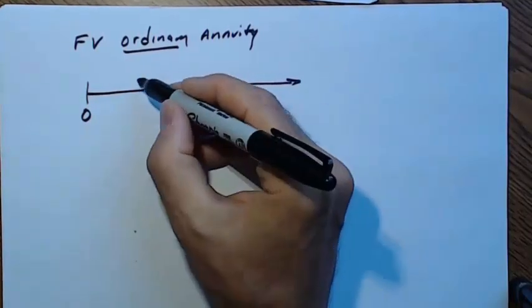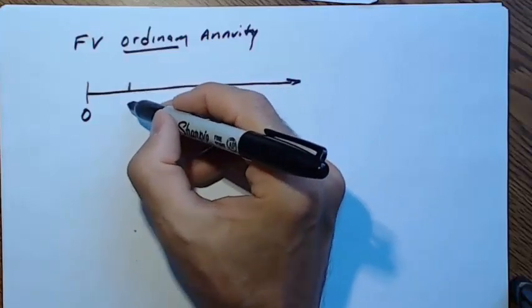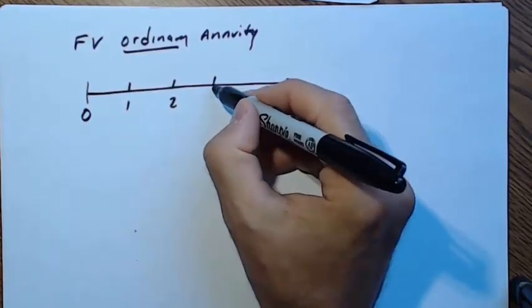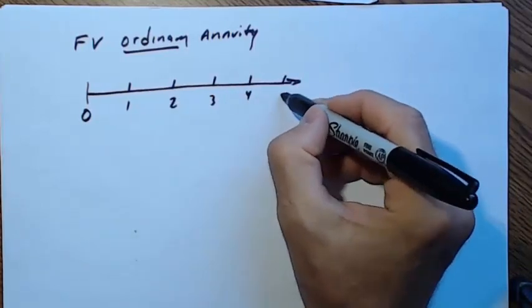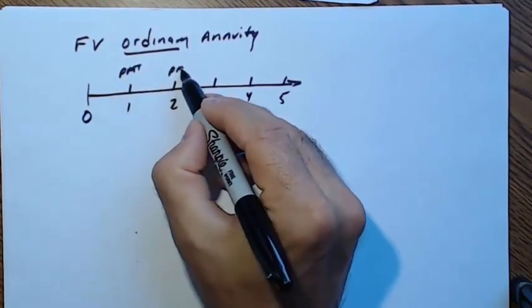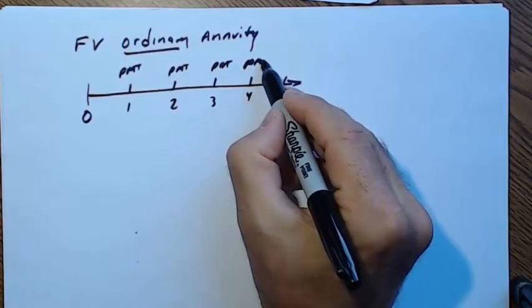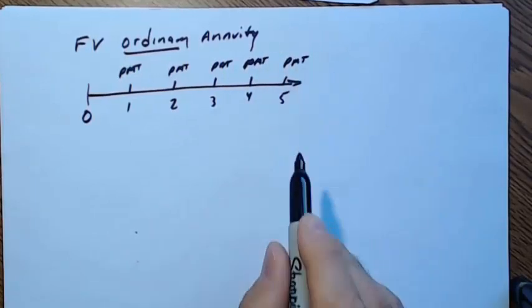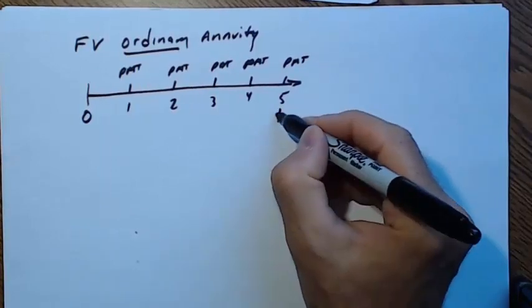So what happens with an ordinary annuity is you've got a series of payments over a period of years. Let's say we've got 5 years. So we're going to have payment here, payment here, payment here, payment, and payment.